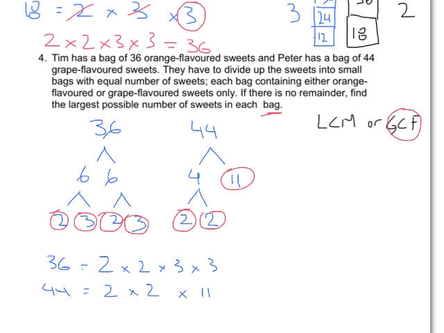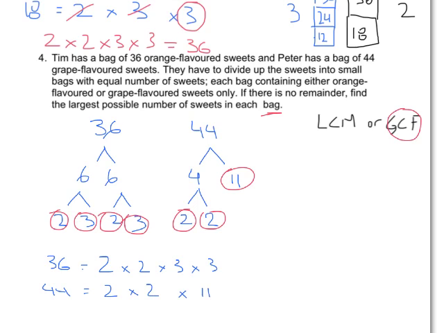Okay, because we're doing greatest common factor, and how do I know it's the greatest common factor? Because I'm trying to divide up the sweets into smaller packages, into smaller bags here. So I know my number is going to be smaller than the 36 or 44 in this case. If I was to do lowest common multiple, I would end up with a really big number, and I certainly don't have that many candies or sweets.